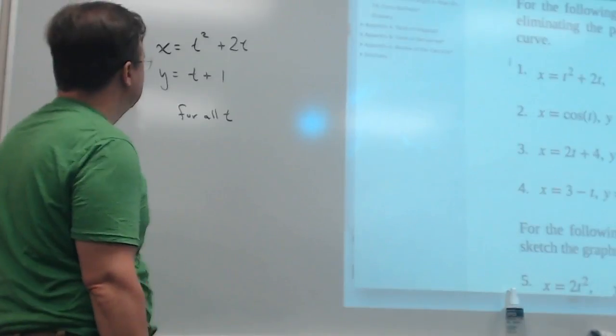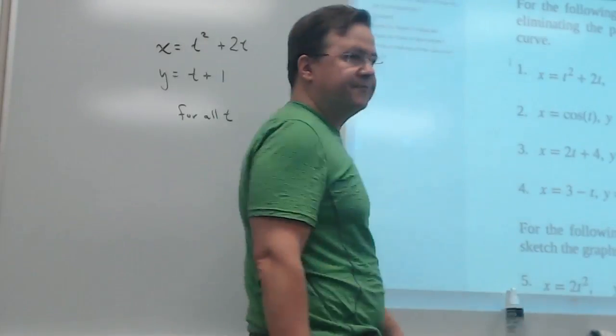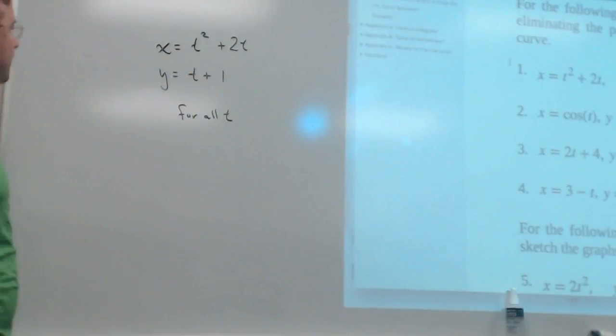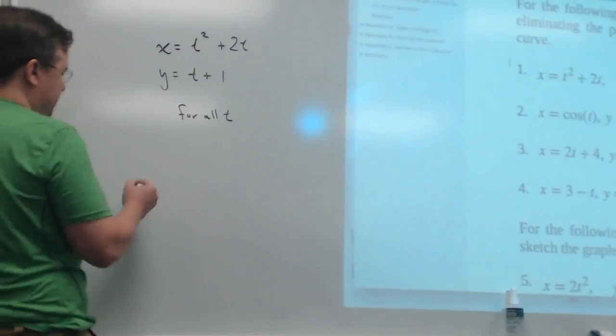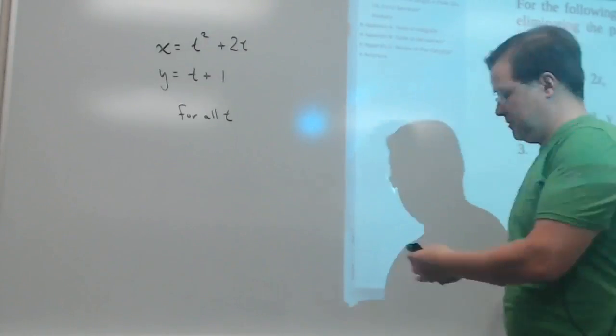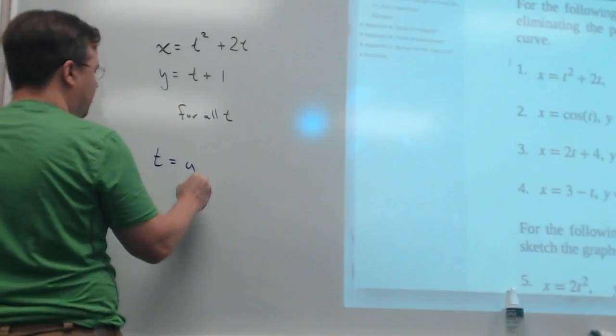Sketch the curve by eliminating the parameter. It's not immediately obvious what this graph looks like, but I can eliminate the parameter by noticing that t is equal to y minus 1.